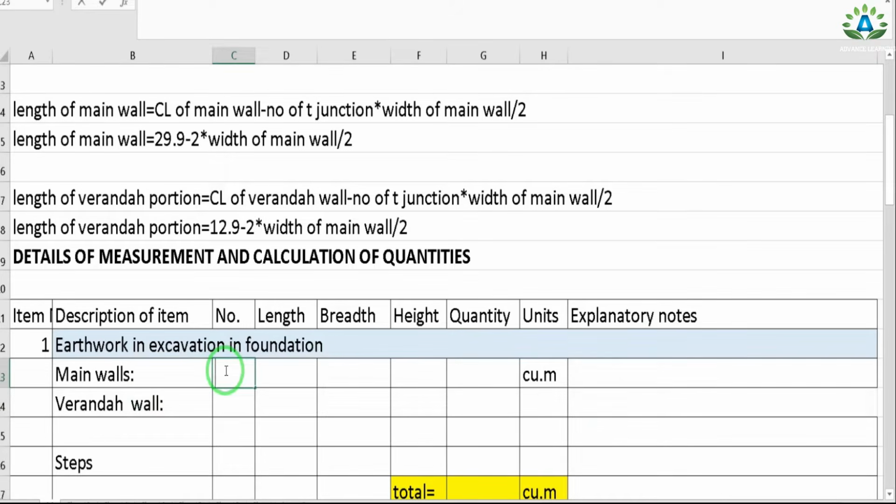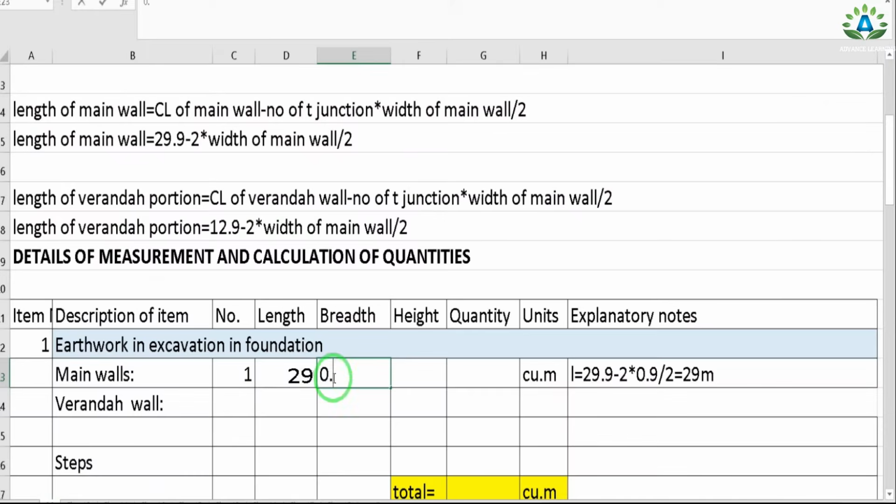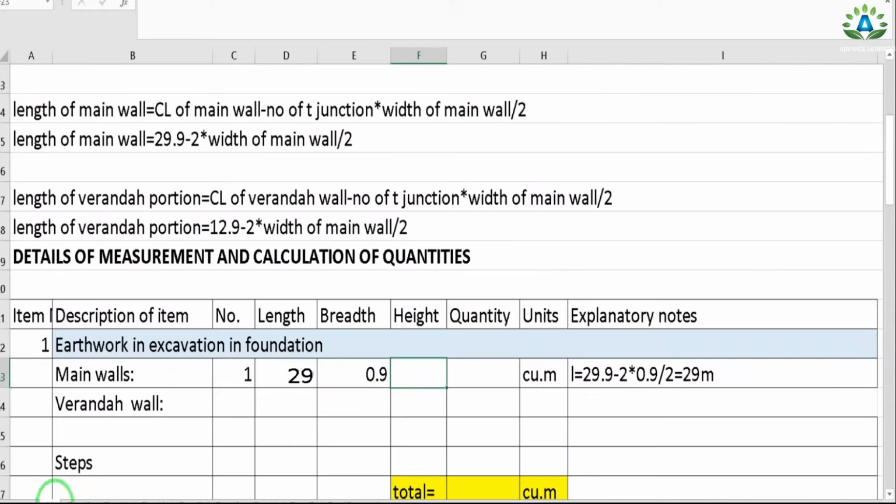So number of main wall 1 in number, and this length equals total center line length 29.9 minus 2 into, I can write this 0.9 by 2, so we get this total length 29 meter, and we have the width of this excavation 90 centimeter or 0.9 meter, and we have the height of excavation 90 centimeter, that is up to the ground level, so we can write 0.9 meter.